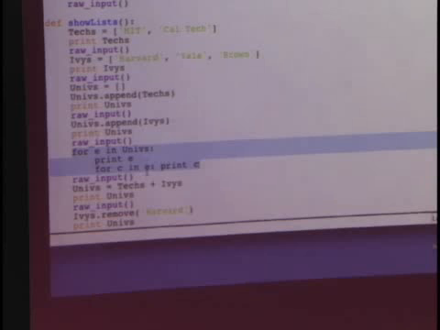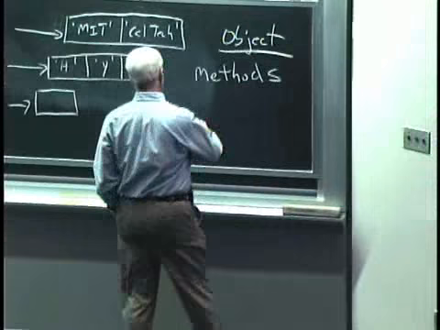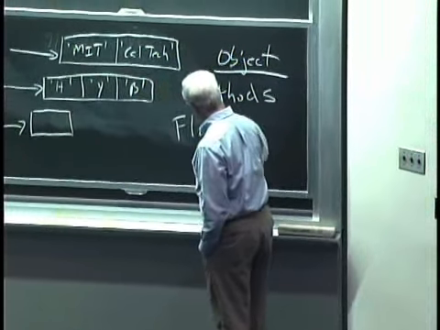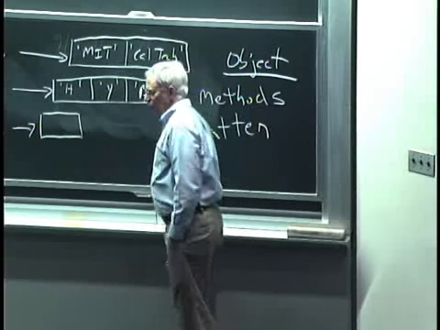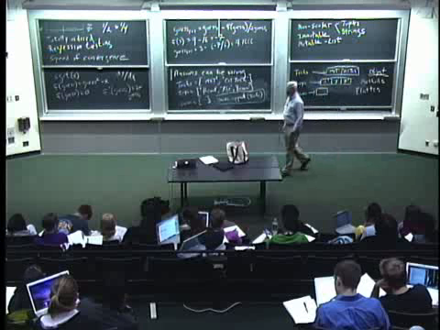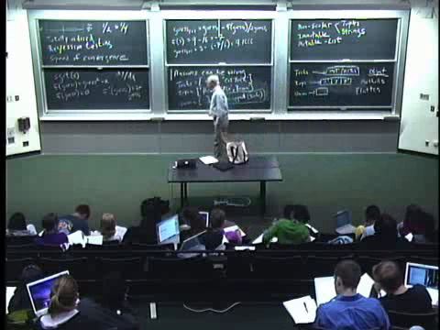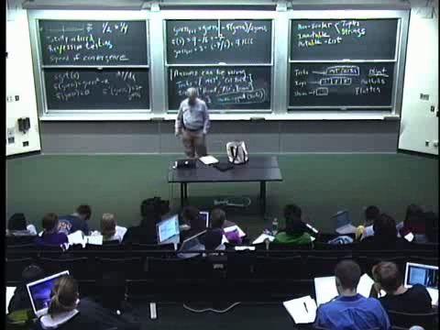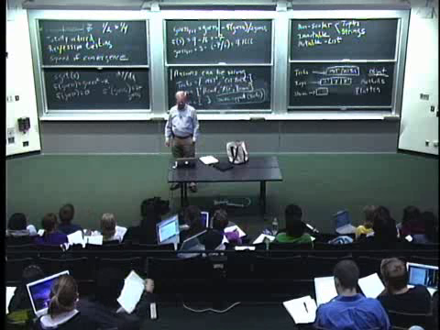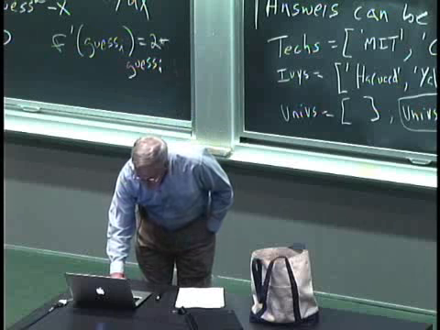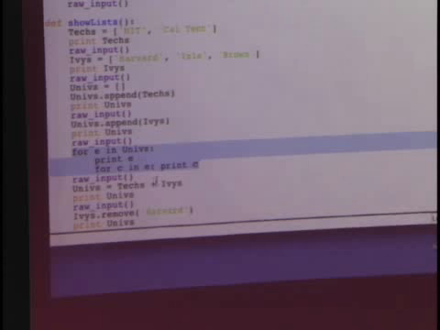Suppose I don't want all of this structure, and I want to do what's called flattening the list. Well, I can do that by, instead of using the method append, use the concatenation operator. So I can concatenate text plus IVs and assign that result to unevs.